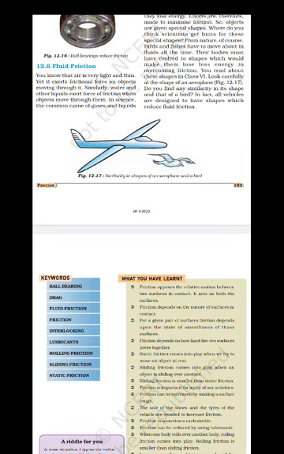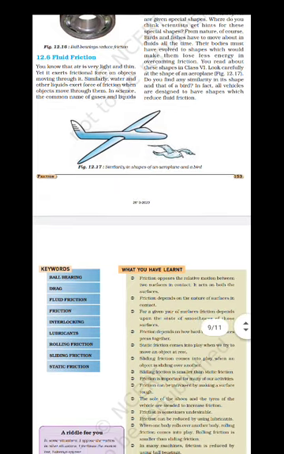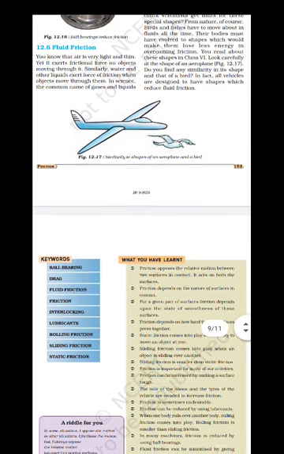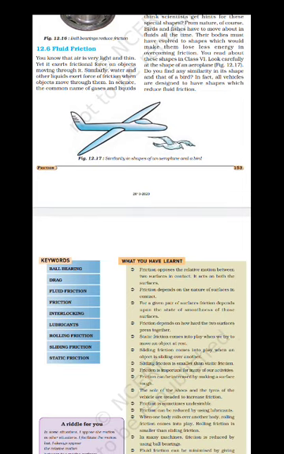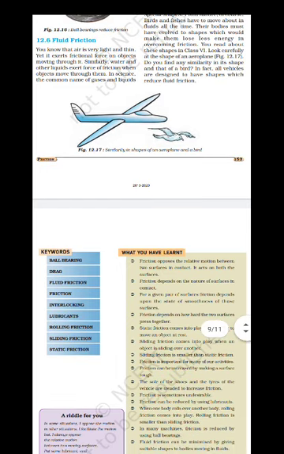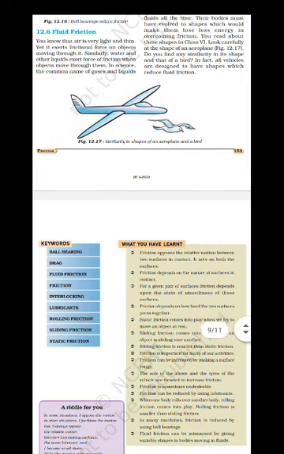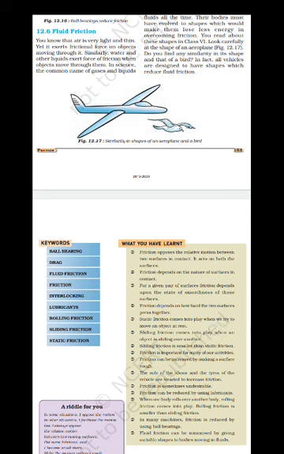It cuts the drag, cuts the friction of air opposite to the direction of the movement of the bird. Similarly, in fishes also, the conical shape of the fish in the front is used to cut the frictional force of the water. In the similar way, vehicles are designed to have such shapes which reduce the fluid friction, isn't it?